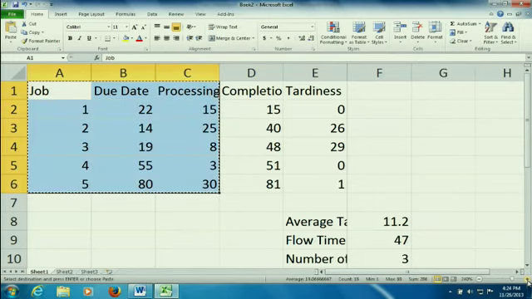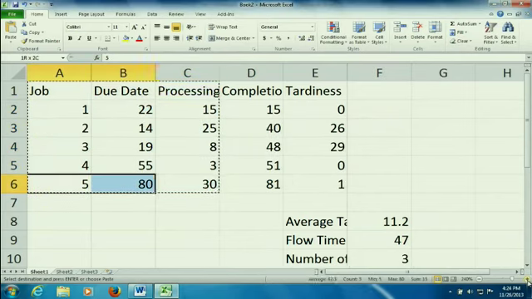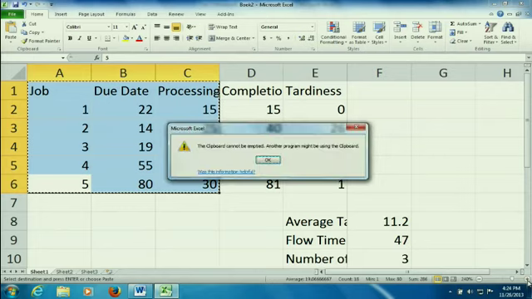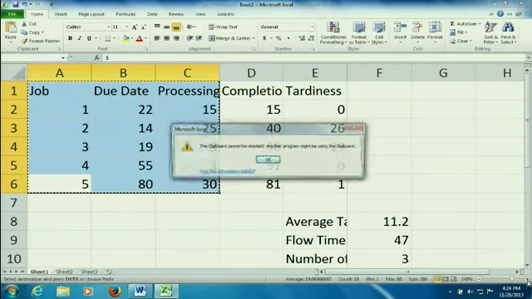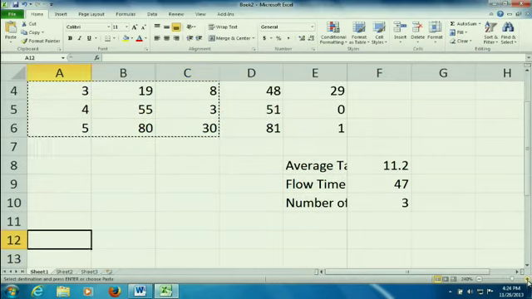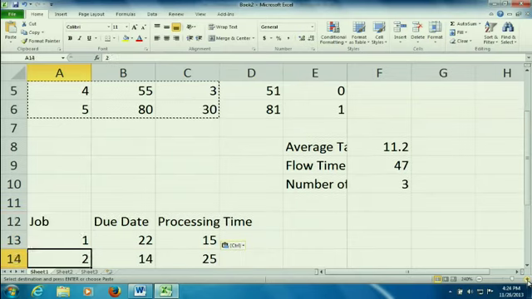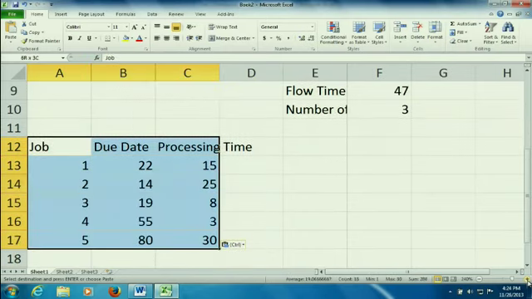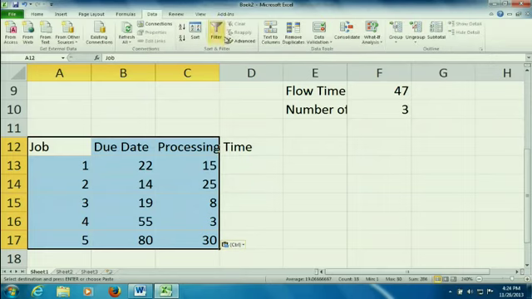Now if I wanted to do EDD, okay, this doesn't allow any copying and pasting. Okay, now I would just sort by due date. Data, sort.